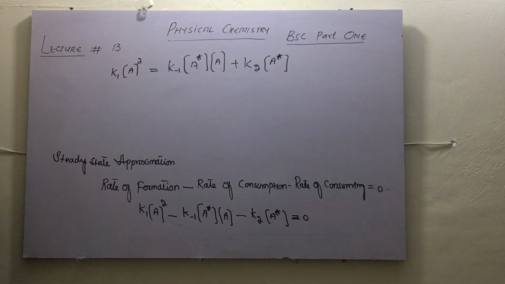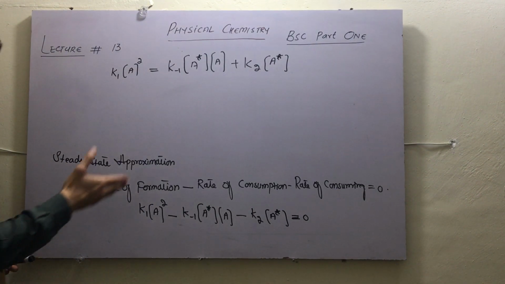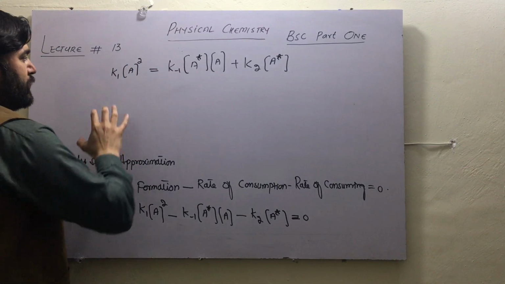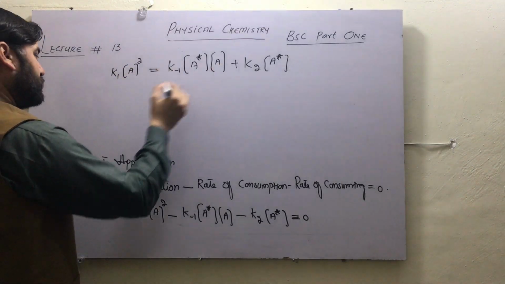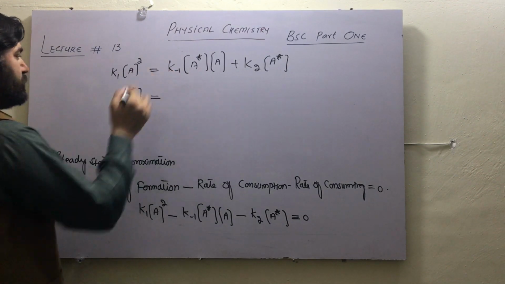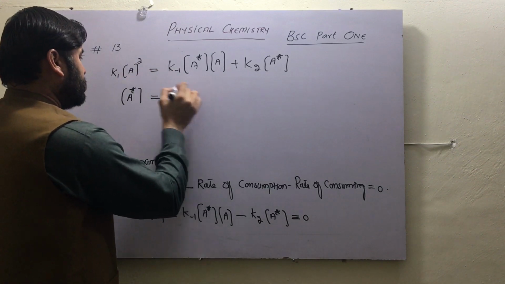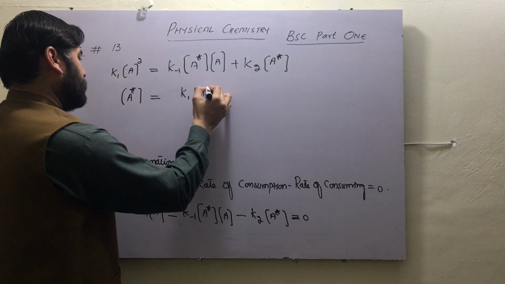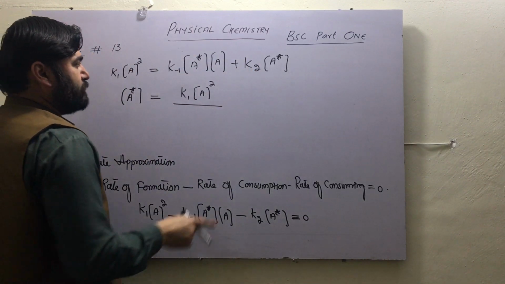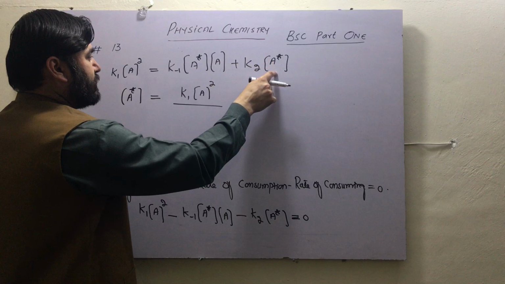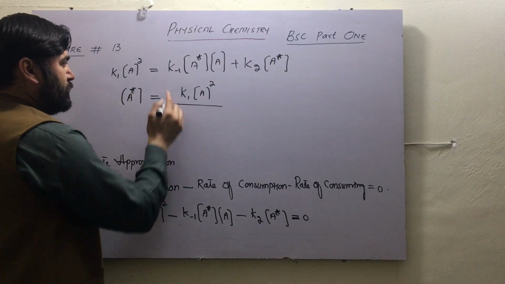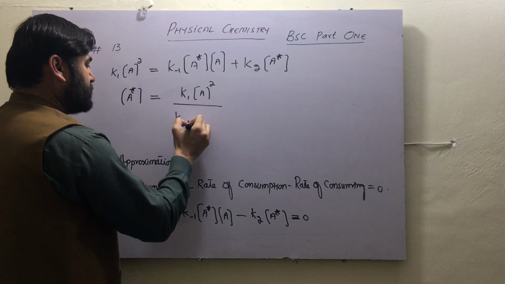So from this equation we have taken this equation. Now just take out A star, the value of A star. The remaining will be k1 and A square. Now the remaining will come on this side, but we will not write A star and A, because we have taken them as common, so this will be written in the denominator.